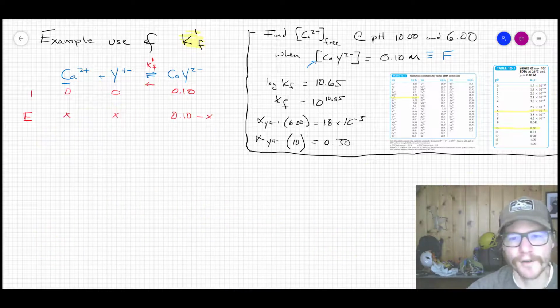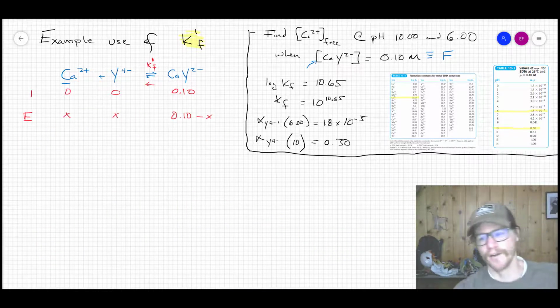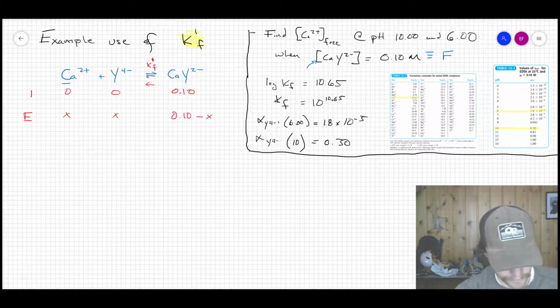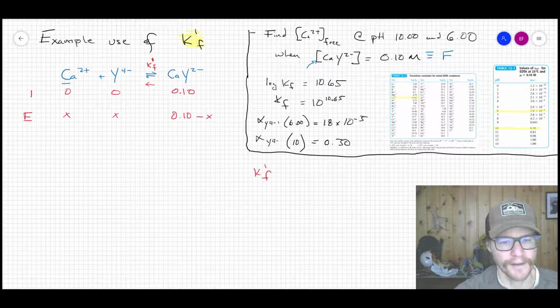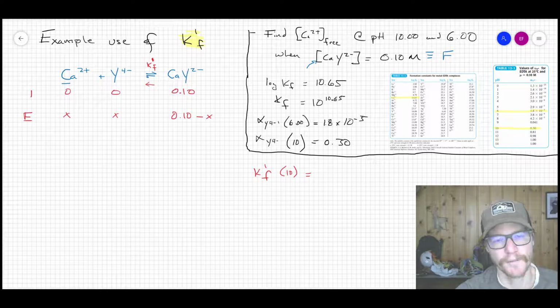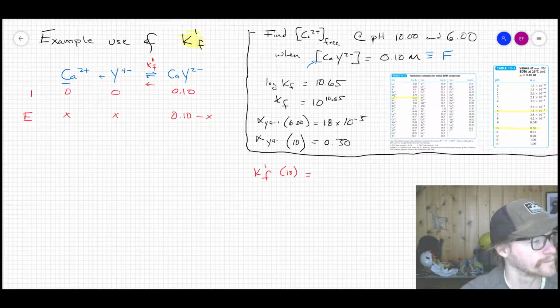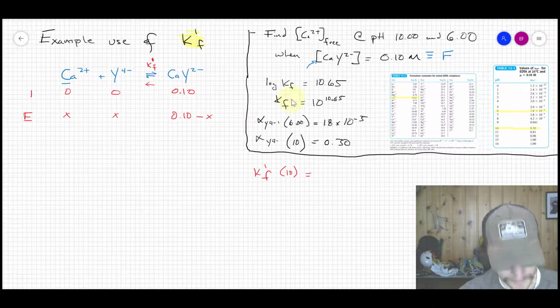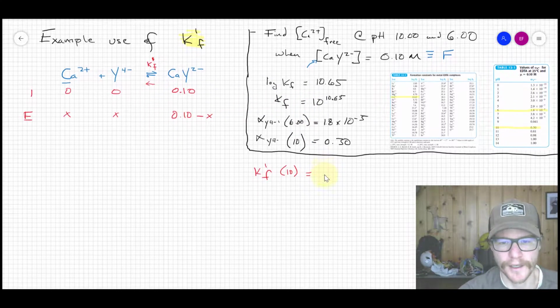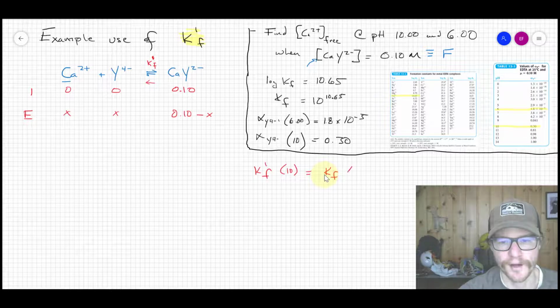We need to compute our K prime F now at the two different pHs, or conditional formation constant. So at pH 10, our K prime F at 10 is going to be equal to Kf times our alpha Y4 minus.